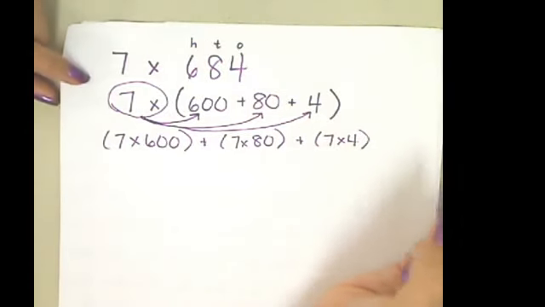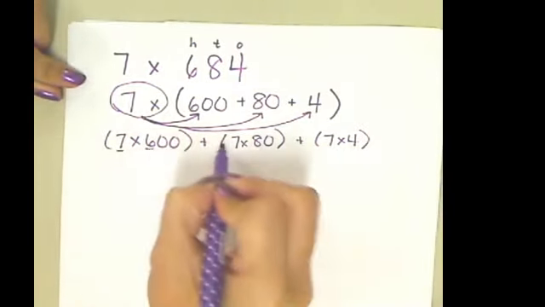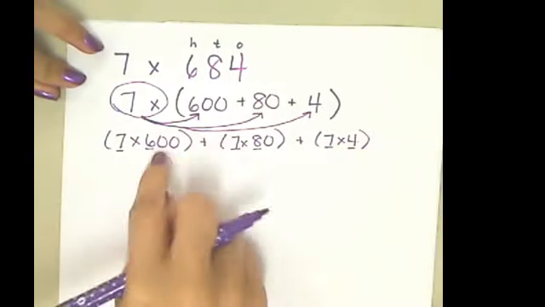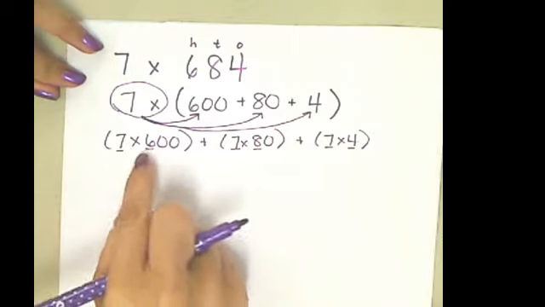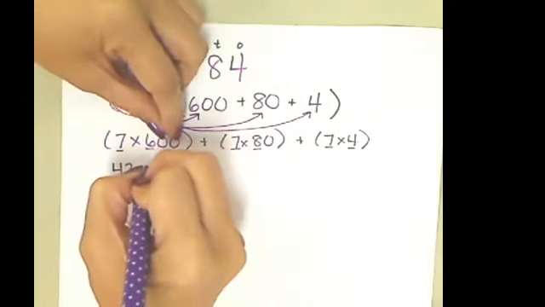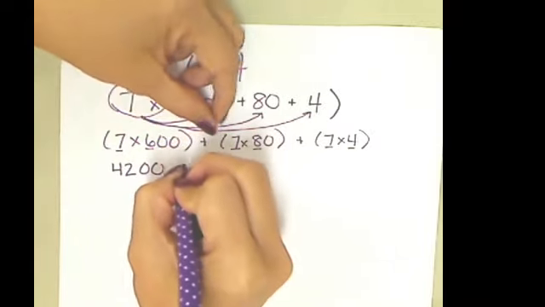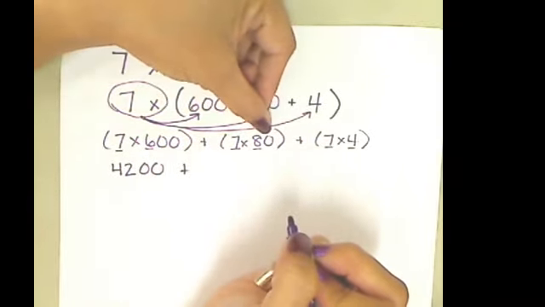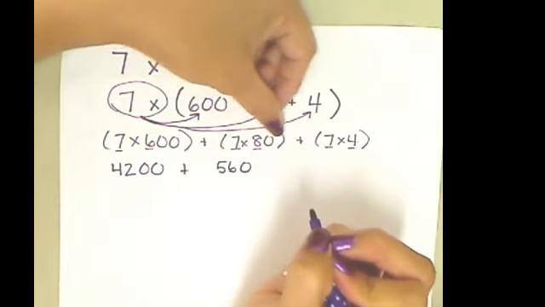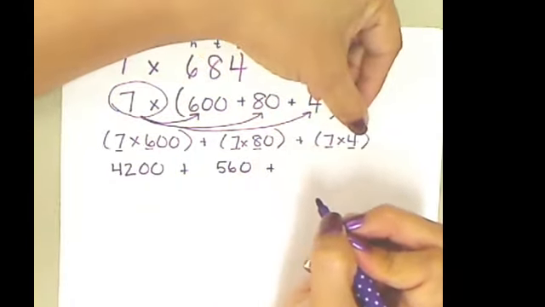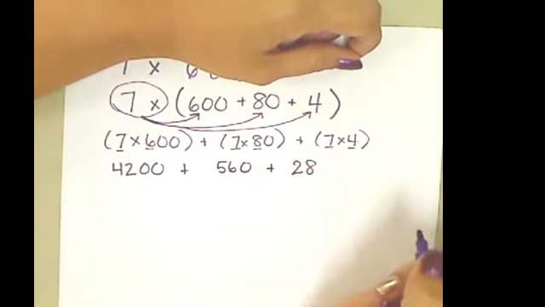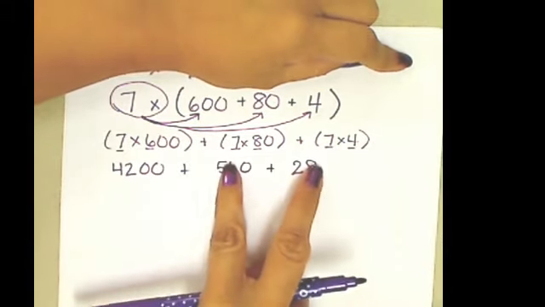So now I can rely on my basic facts and then fill in the zeros where they need to be. 7 times 6 is 42. Don't forget your zeros. Plus 7 times 8 is 56. Don't forget my 0. Plus 7 times 4 is 28. Okay, so now you have your 3 partial products.